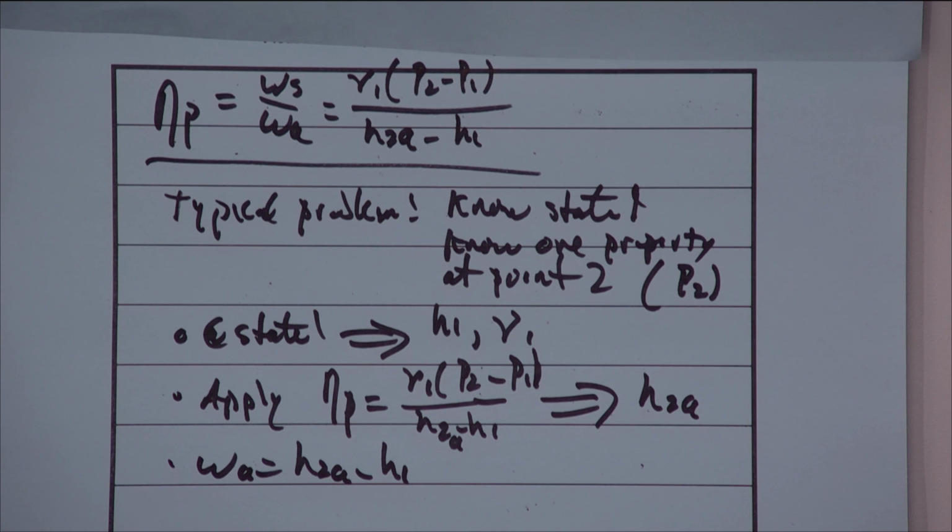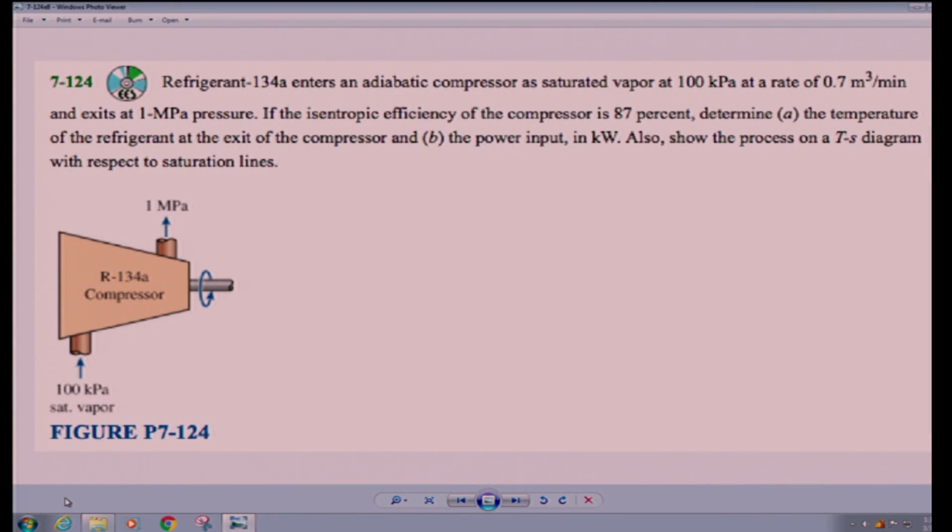So if we could have the computer, we're going to look at problem 124 from your edition of the textbook. Okay, it says edition 8, at least it's supposed to. All right, so here's the problem, and let me just read it.